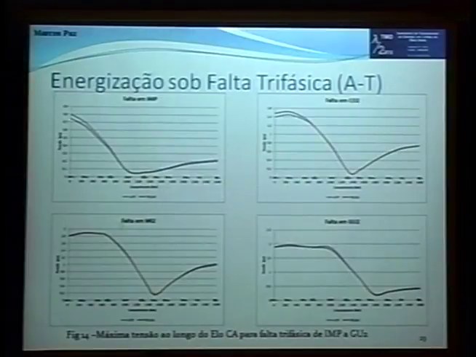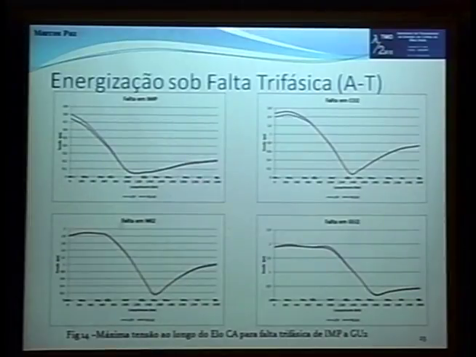So the fault applied in Imperatriz also does not present an overvoltage value higher than 1 pu. From Colinas 2 on, we start to see overvoltages from the three-phase fault applied. But the critical point starts from this monitoring point located in Miracema 2.